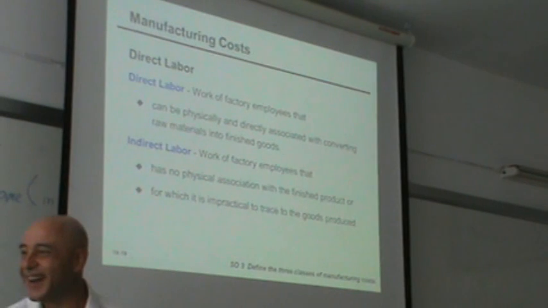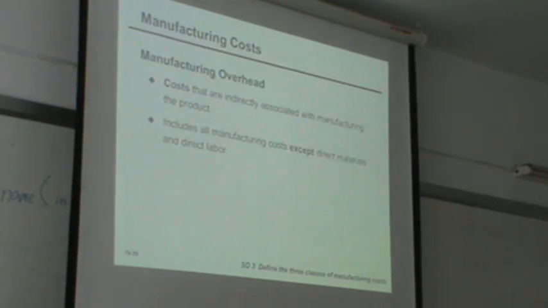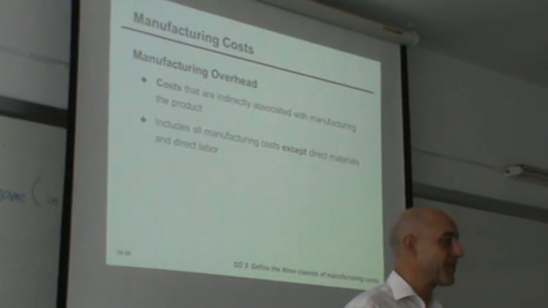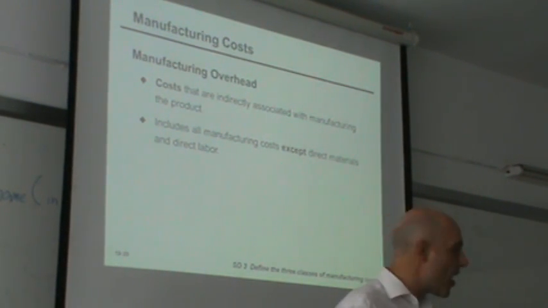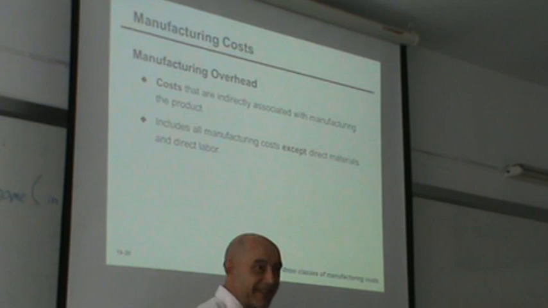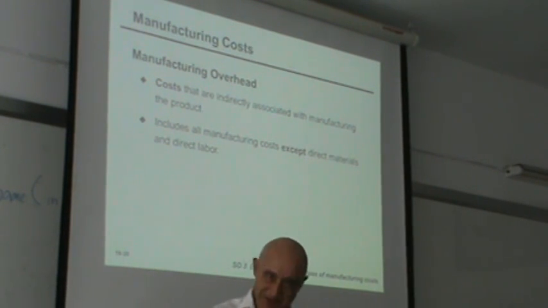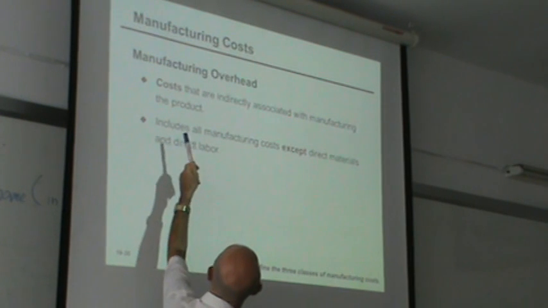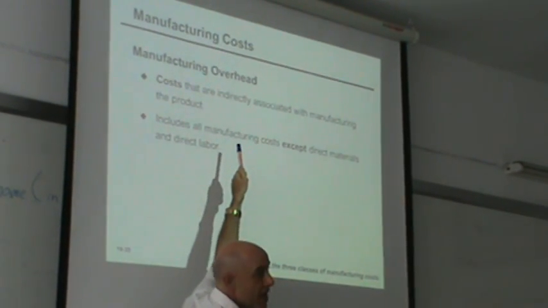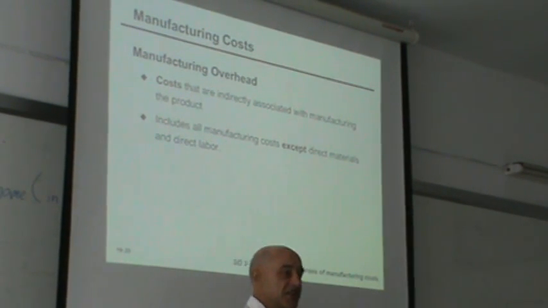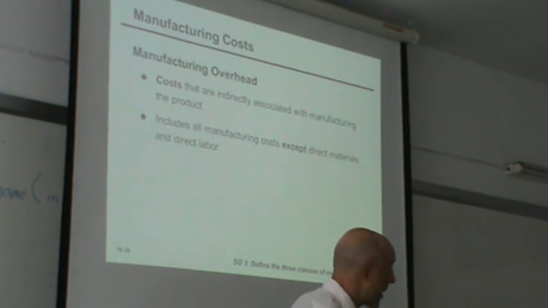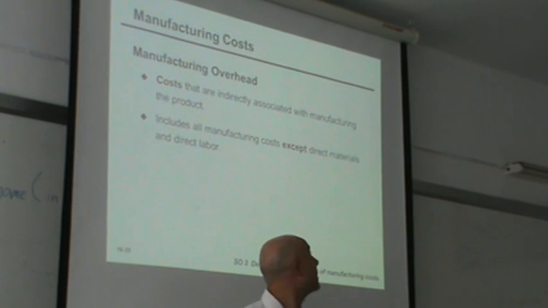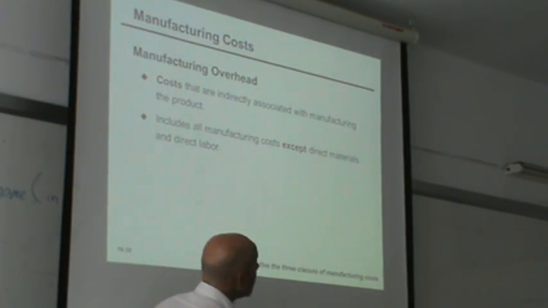Okay. All right. So now, miscellaneous cost. Well, let's see exactly. Miscellaneous cost, correct. So let's see what they say here. Costs that are indirect. So the trick is, is it direct or is it indirect? Indirectly associated with the product.